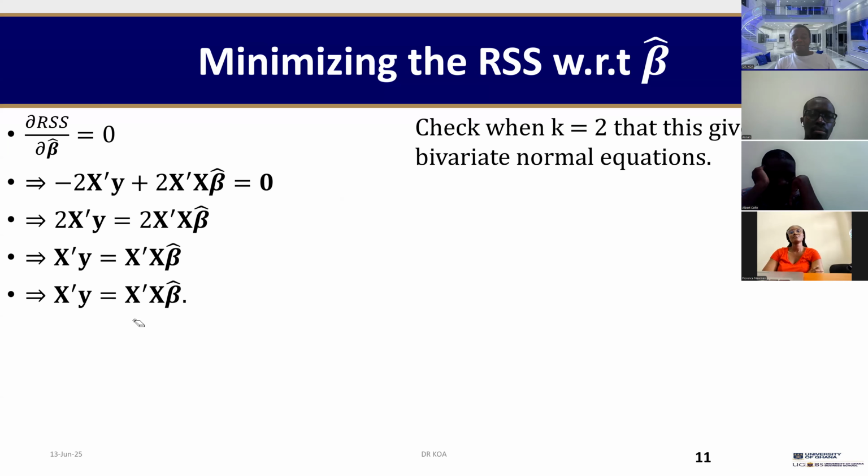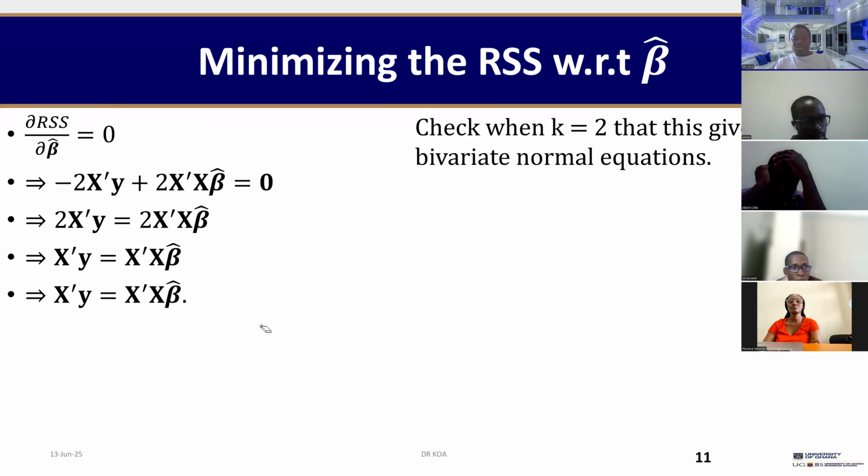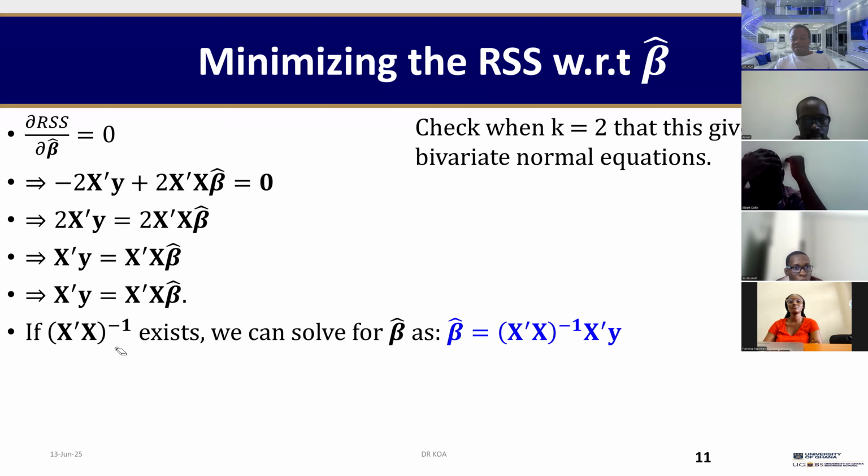When you divide, it becomes the transpose, the inverse of that. When you divide both sides by x prime x, you can now have the value of the beta cap in a matrix form to be beta cap equals x prime x inverse x prime y.